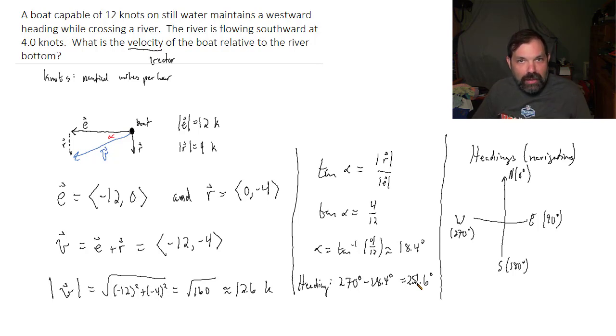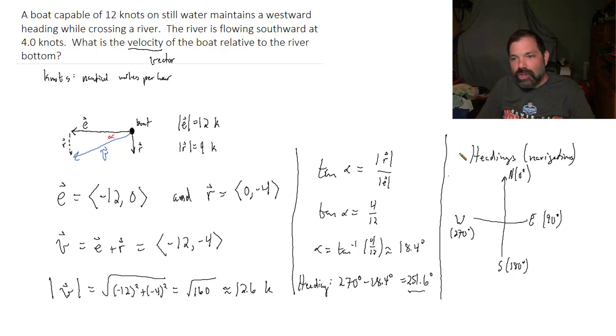What does that mean? It has a magnitude of 12.6 knots, and it's at the heading 251.6 degrees, which is 18.4 degrees south of west. So a slightly different way to think of it when we're talking about navigation.